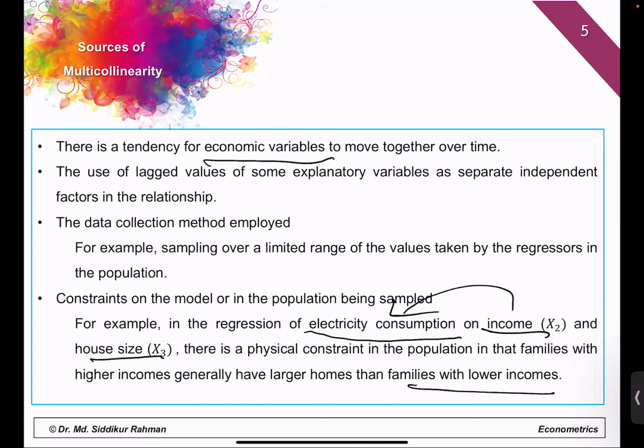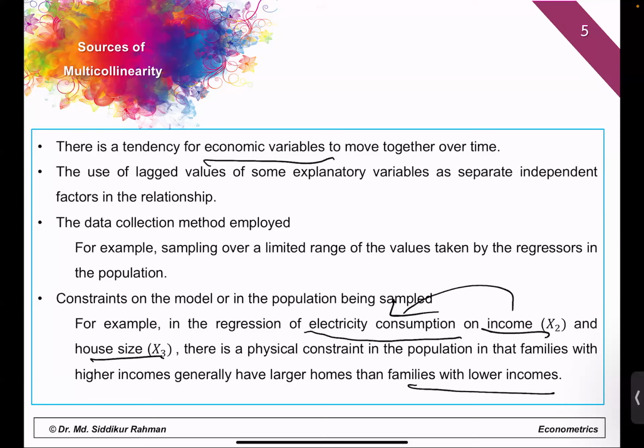Why? Because normally when your income increases, right? What is your intention then? Normally, rich people tend to have larger houses, right? So there is a positive linear relationship between income and house size. If these are collinear variables, income and household size, and you put them in the regression model, then you might face many problems.